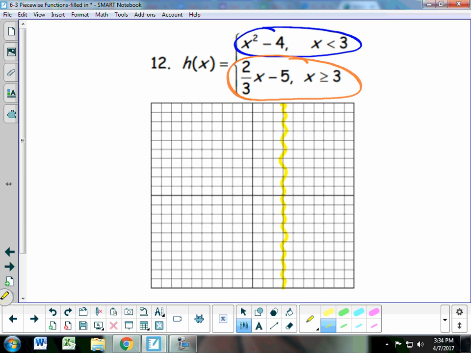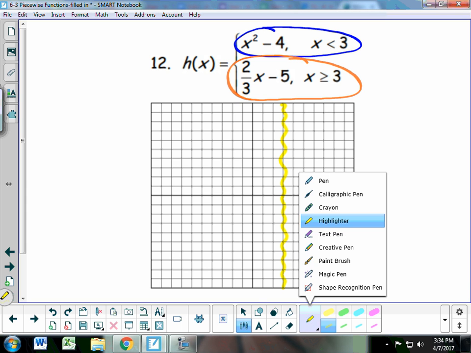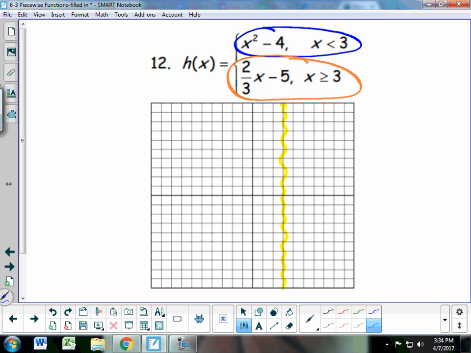Okay, so x squared minus 4, if you recall, that is a quadratic. So we're going to start down 4. That's what the minus 4 is going to do. 1, 2, 3, 4. Remember, drawing lightly here. And from there, it's going to go over 1, up 1, over 2, up 4, over 3, up 9.